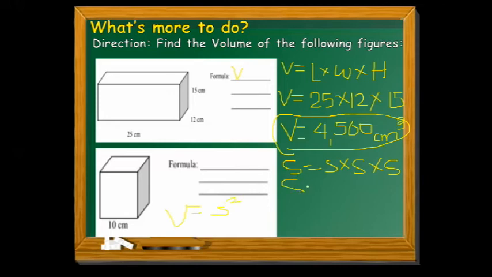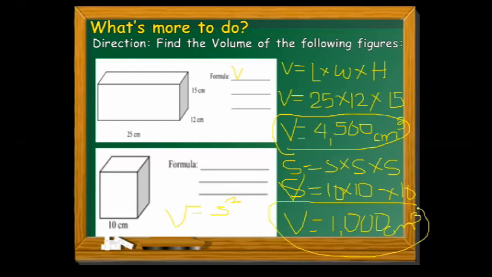Let's substitute: volume equals 10 times 10 times 10. Multiply three times. 10 times 10 times 10, volume equals 1,000 cubic centimeters. It is very easy, because we just substitute the number and multiply the numbers correctly.